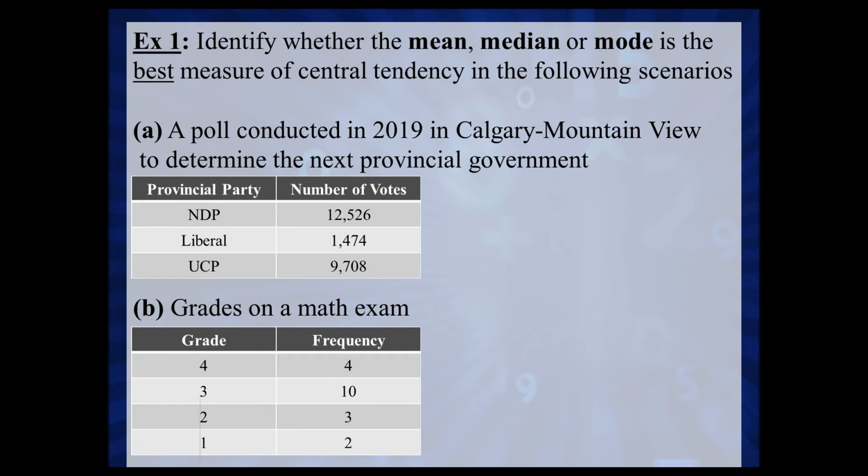So let's provide a justification for this. Say the objective of a poll is to determine the greatest frequency for a specific choice.